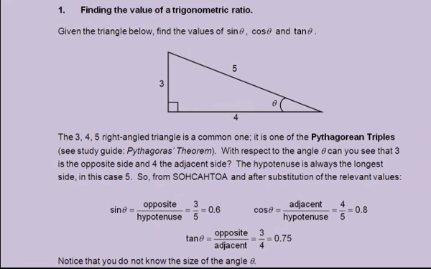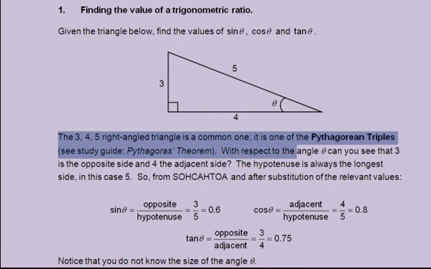Let's do an example of finding the value of a trigonometric ratio. Given the triangle below, find the values of sine theta, cos theta and tan theta. The 3, 4, 5 right-angled triangle is a common one. It is a Pythagorean triple. See study guide Pythagoras' theorem.